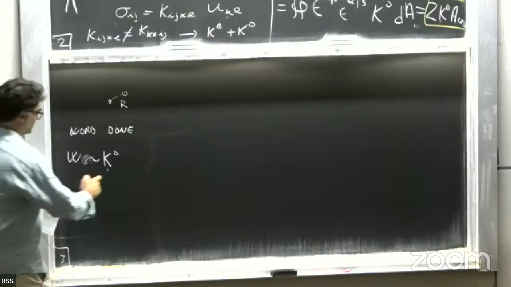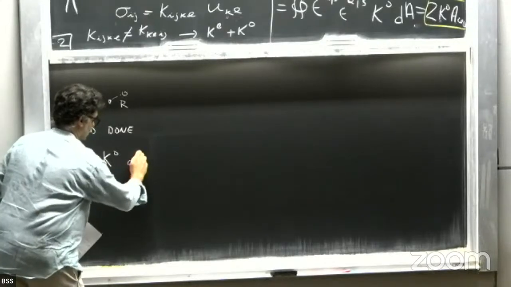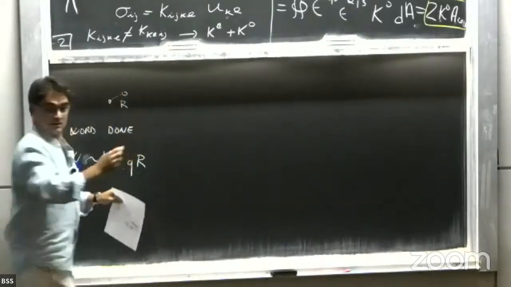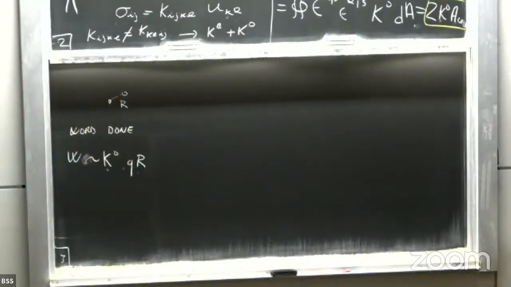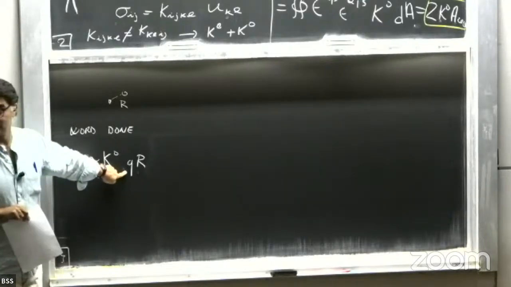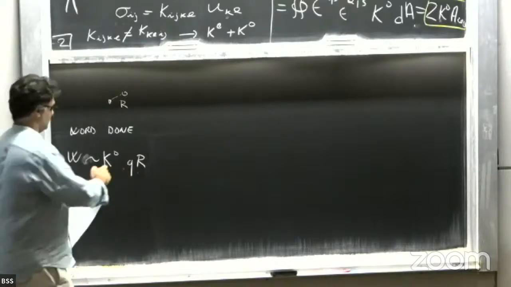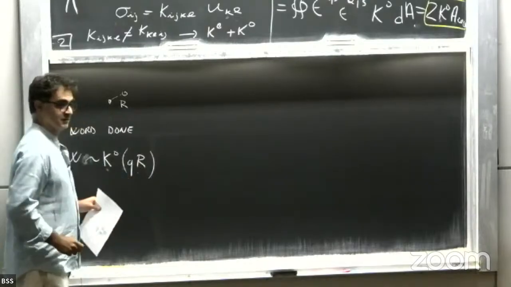So if I want to get a measure of strain, I take R and I multiply by Q, where Q is the inverse wavelength of the wave. Is the logic clear? But this is not an area in strain space. This is just strain. What do I need to do? Square it.